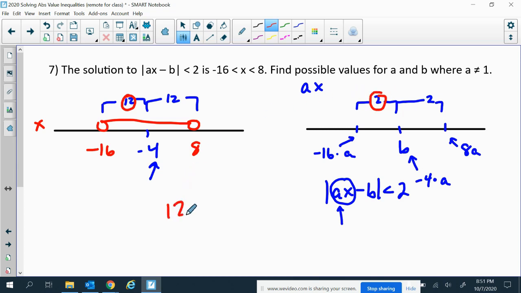So how do I get 12 equals x and 2 equals a times x? Well, I can make 2 equal to a times 12 because I know that the distance in the x graph is 12. So a equals 2 over 12, or 1/6. So that means that a is really 1/6. And so then I have to change all of these a's to 1/6.